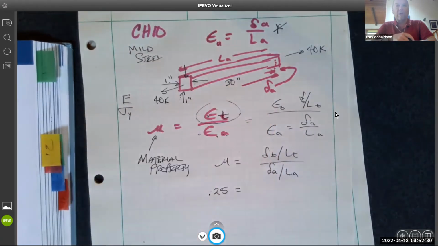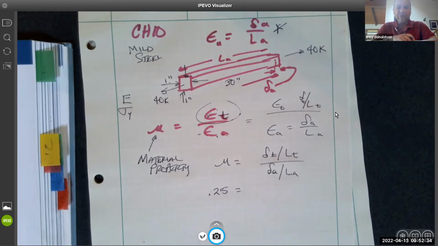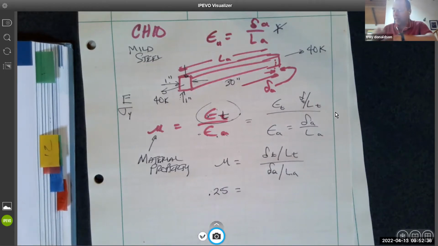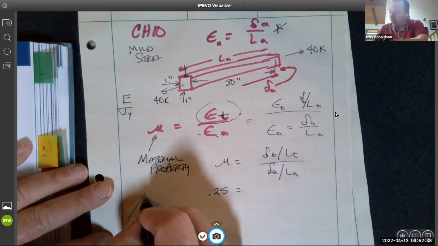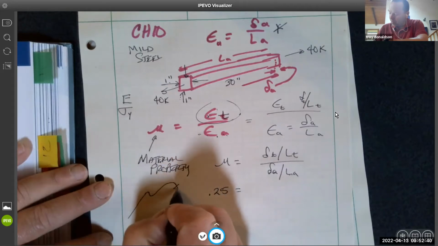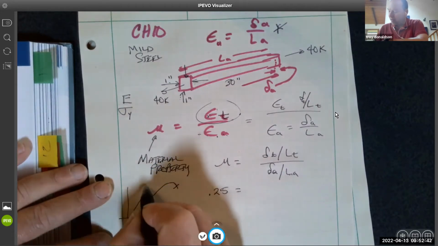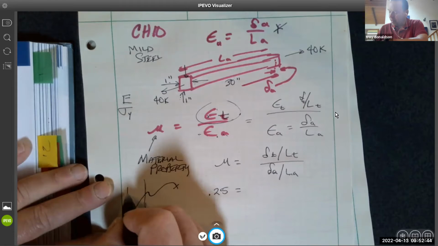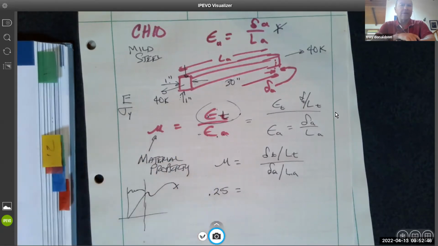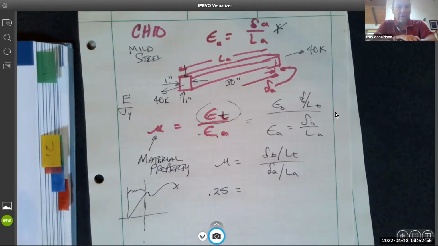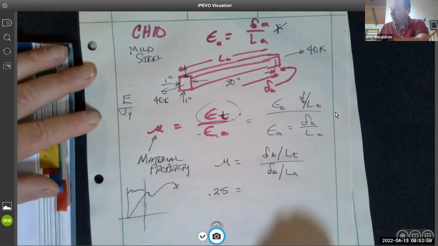So when you do these kinds of problems and you want to calculate any kind of delta, you first have to know that it's within that elastic region, right? Comes up, goes over, comes up, breaks. Here's the graph. It's got to be here in this elastic region. And I have to verify that it is within that elastic region. So how do I do that? How do I calculate stress? P over A. So I'm going to do that here.